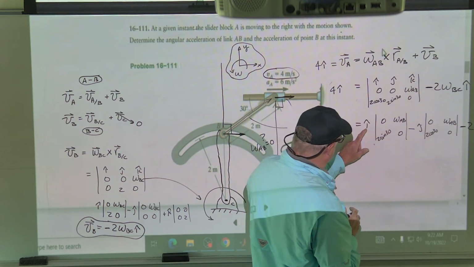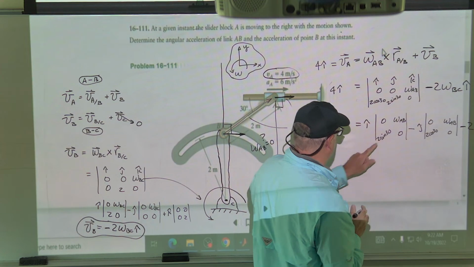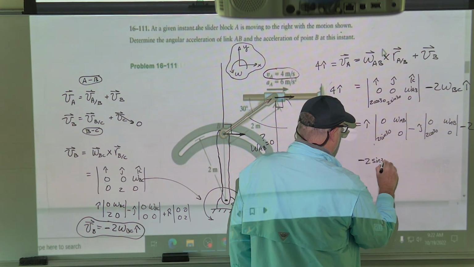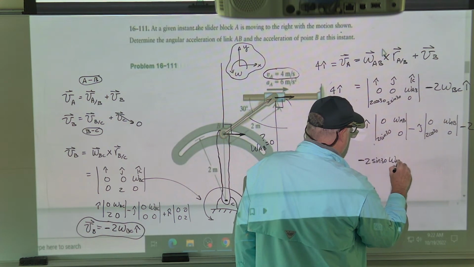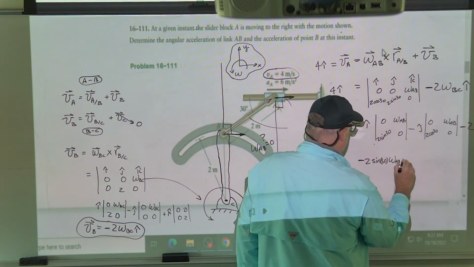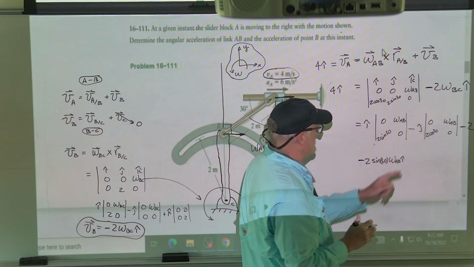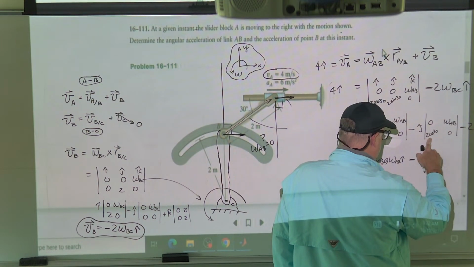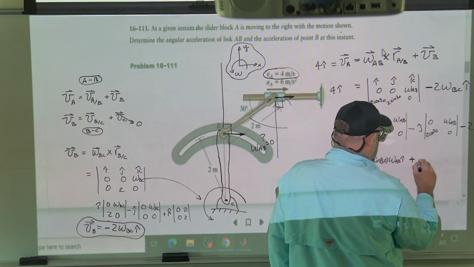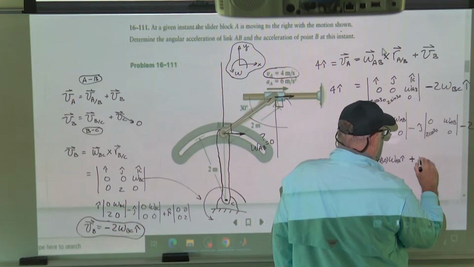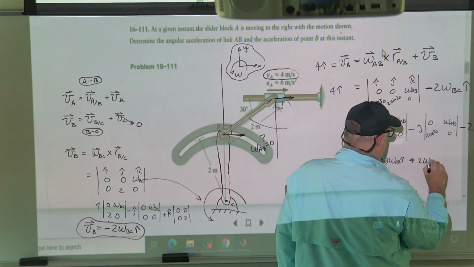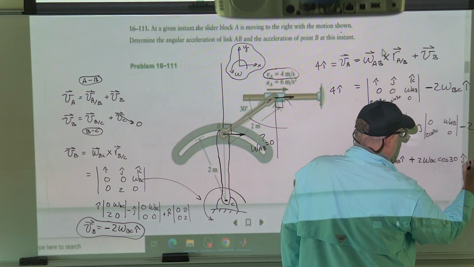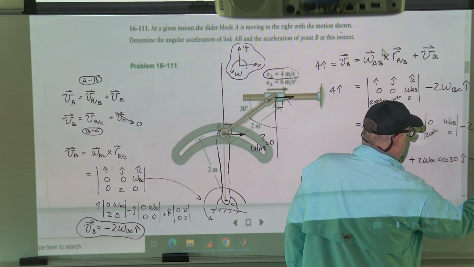Now, that times that, minus this times that, minus 2 sine 30 omega AB, which probably should have been put in front. And then this one, that times that, minus that times that, but I have a minus there, so it becomes a plus. 2 cosine 30 J, minus 4I.